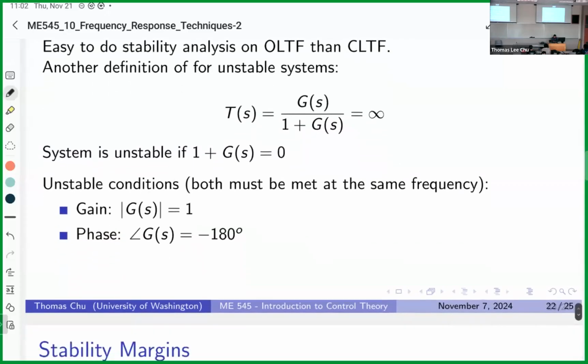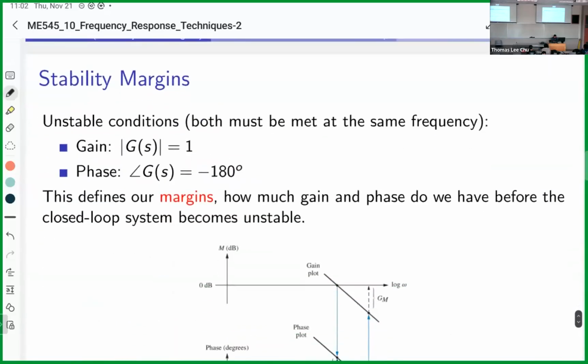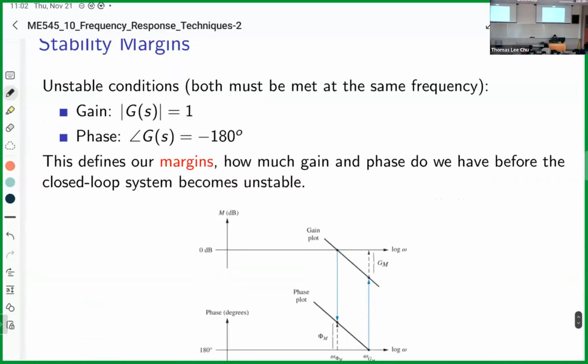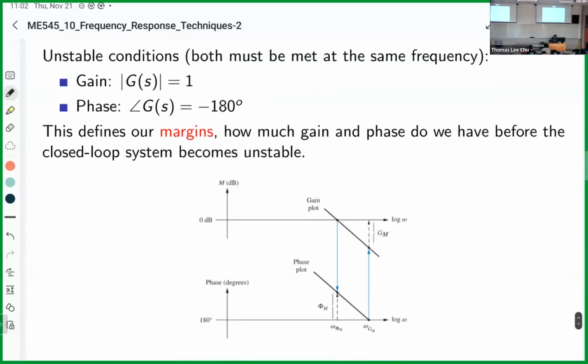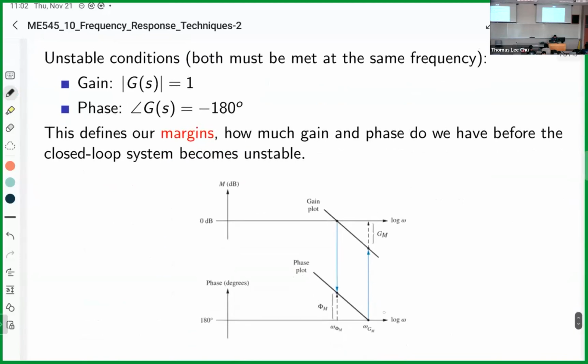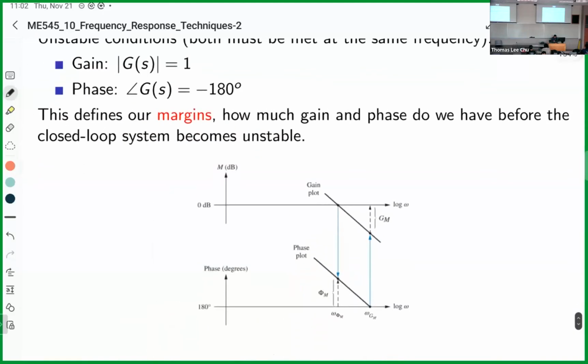The way that looks on a Bode plot is, if we look at our gain margin, that's here. We look at the 180 degree line or the minus 180 degree line, they're both the same.